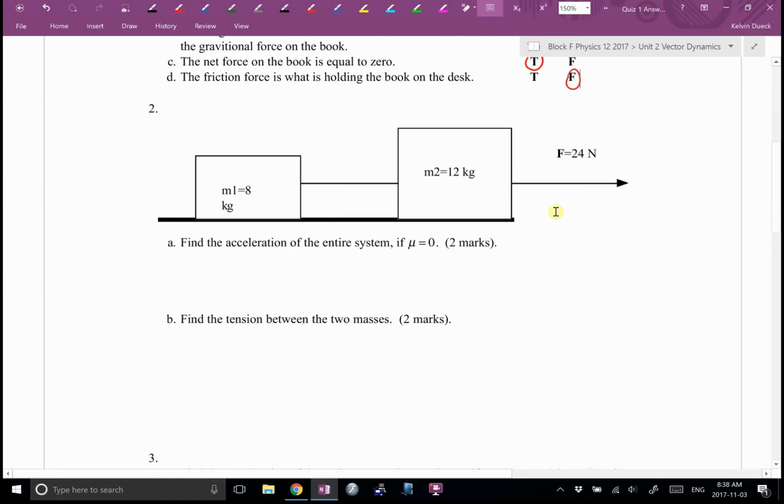Find the acceleration of the entire system. This is a job for a free body diagram. I'm going to have M1G, normal force 1, friction, no, tension, M2G, normal force 2, applied. Who's winning?